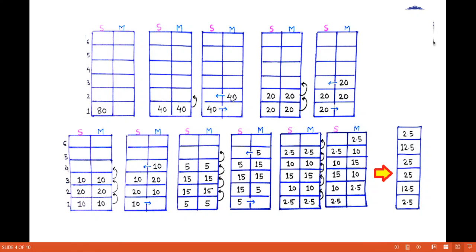Again, we know that the equilibrium is present between stationary and the mobile phase. That's why this 40 is divided into 20 and 20, and this 40 is also divided into 20 and 20. Due to the equilibrium present in the stationary and mobile phase, this happens.